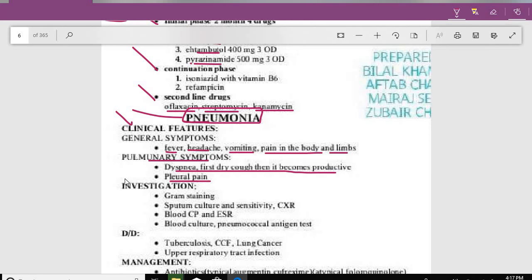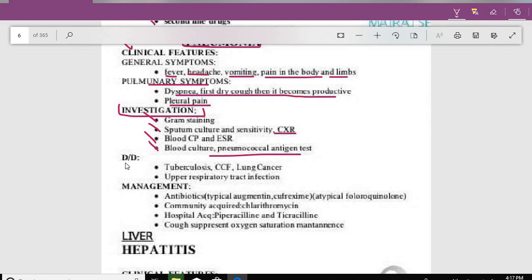Investigations will be gram stain, sputum culture and sensitivity, chest x-ray, blood CP, ESR, blood culture, and pneumococcal antigen test. Differential diagnosis will be tuberculosis, congestive cardiac failure, lung cancer, and upper respiratory tract infections.